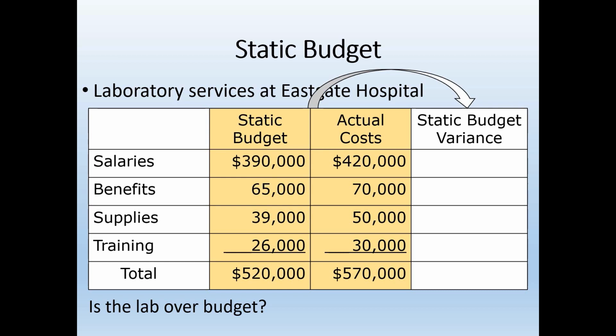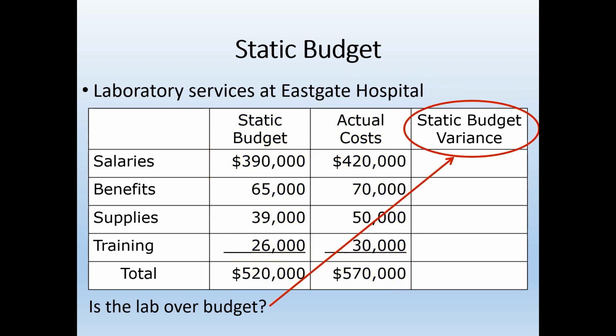If we compare the static budget to actual costs, we get what's called a static budget variance, the difference between the static budget and the actual costs. And we can try to use that information to determine whether the laboratory at Eastgate Hospital is over budget.